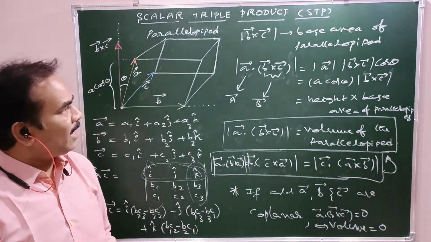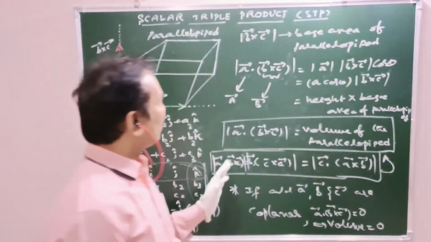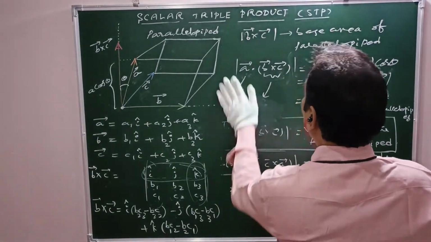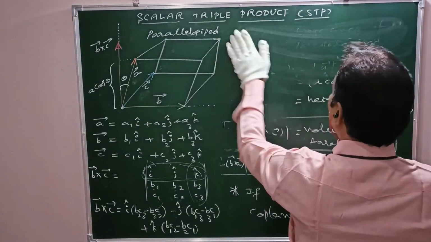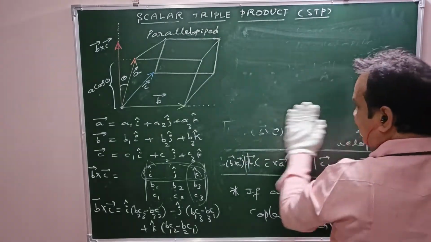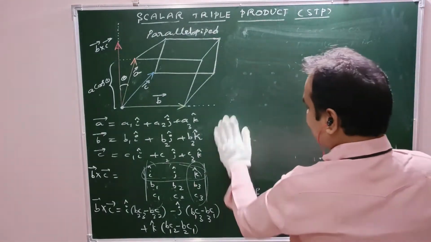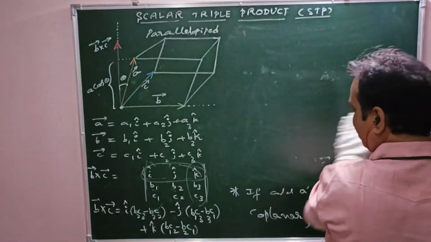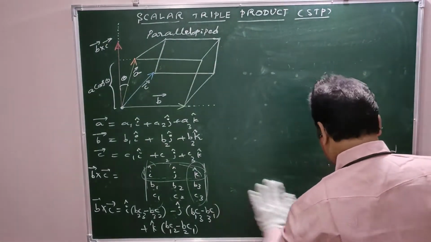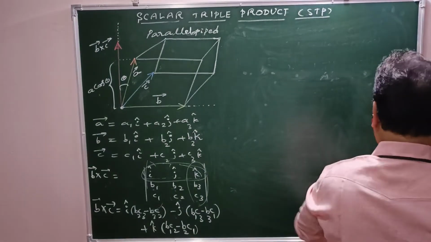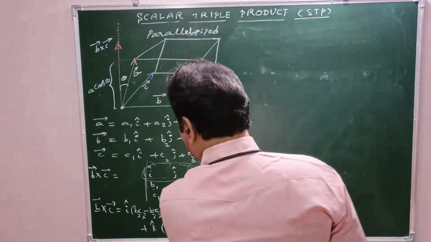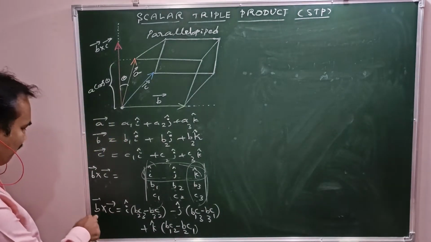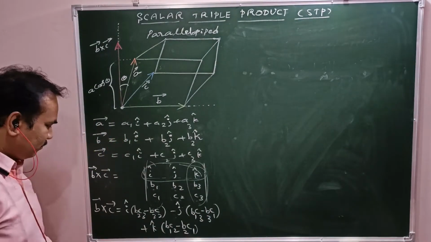Okay. Right? Let us see the procedure of determination of the scalar triple product. What is that procedure? Here see, up to here we have one relation, B bar cross C bar is so and so.